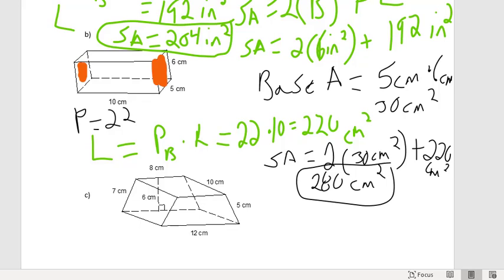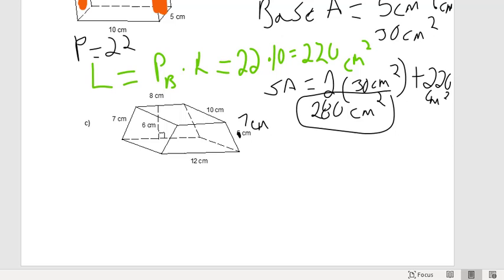All right, and the last one, if we have a trapezoid, this is a trapezoidal prism. I do want to change this right here. I want to make this side 7. Otherwise, it actually wouldn't work as a trapezoid. So when we look at this, our base on this last one is going to be a trapezoid.